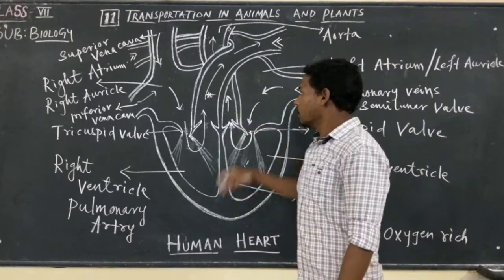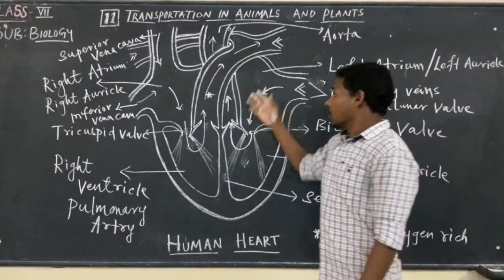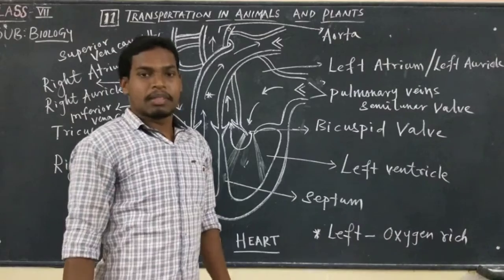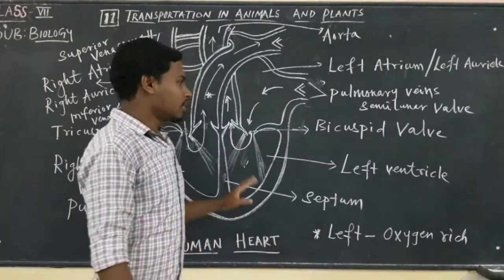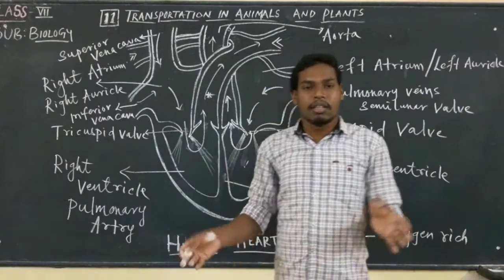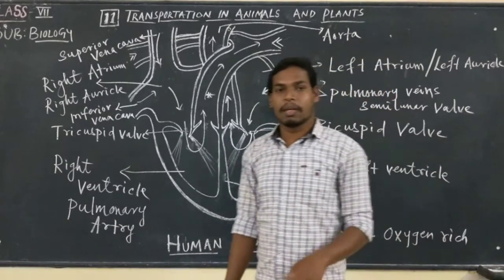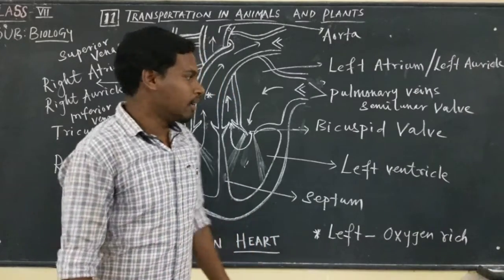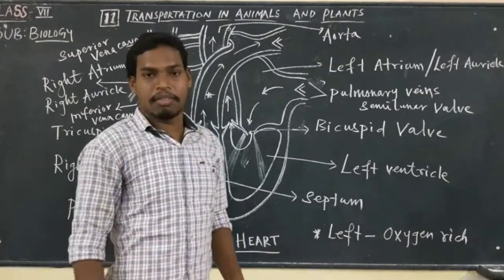Okay, and see what would happen if the blood rich in carbon dioxide and the blood rich in oxygen mixed together. We would not get energy, and we may suffer.